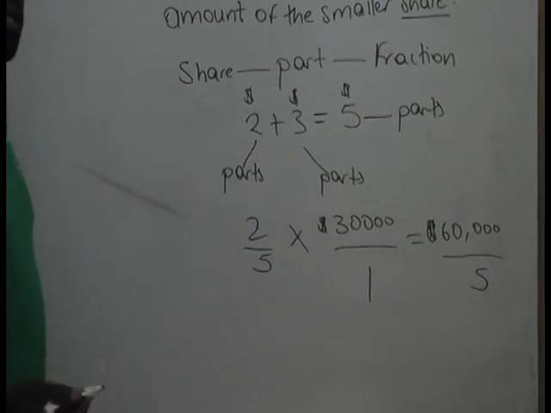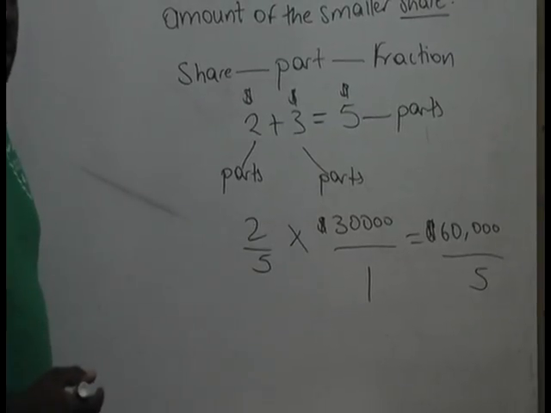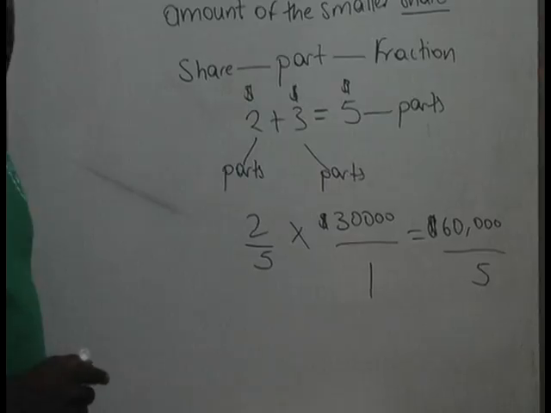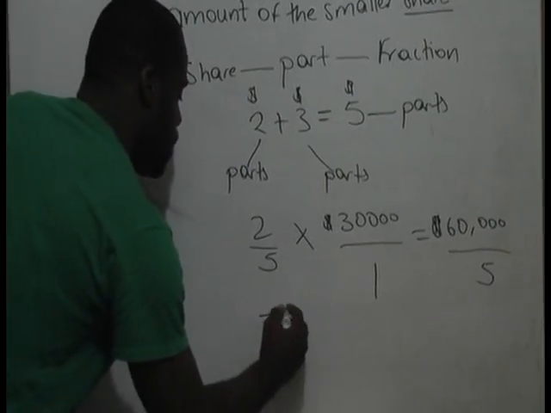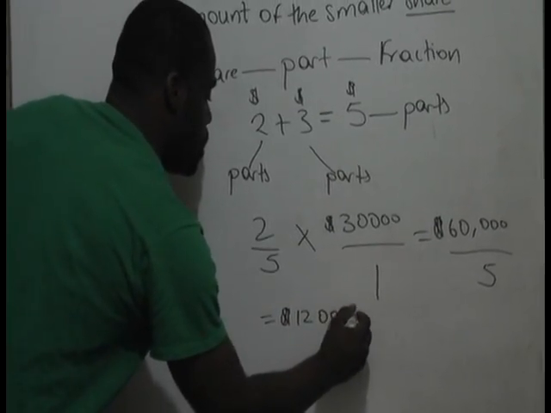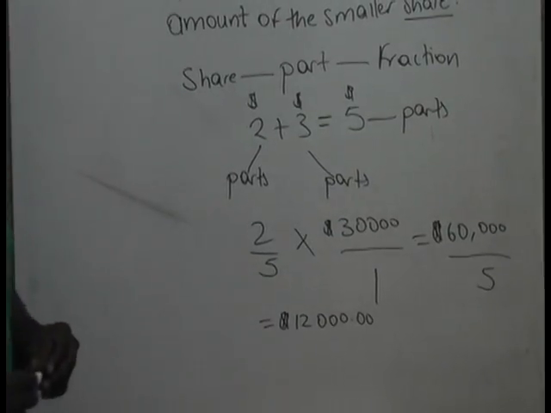Now 5 into $60,000, 60,000 is how many? You could use your calculator to find out. So the answer is $12,000, and that would be the smaller share.